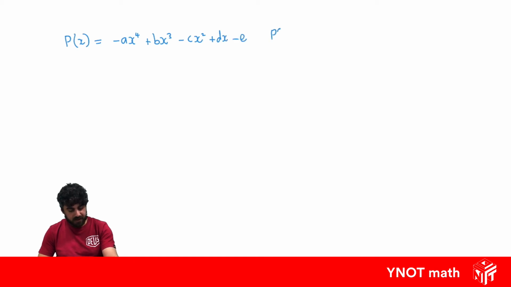We're going to say that p of x has 2 double roots. So if p of x has 2 double roots, the first thing we can say is that the roots must be alpha and beta, because 2 of the roots double up.